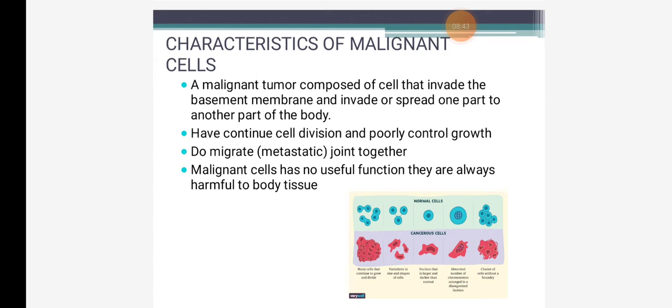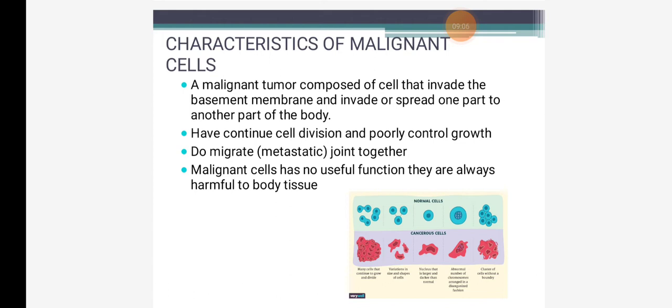But in malignant cells, there is no specific number of daughter cells. They can divide and produce two daughter cells, 4, 6, 8, any number of daughter cells. They also poorly control their cell growth. The cell growth is not controllable.